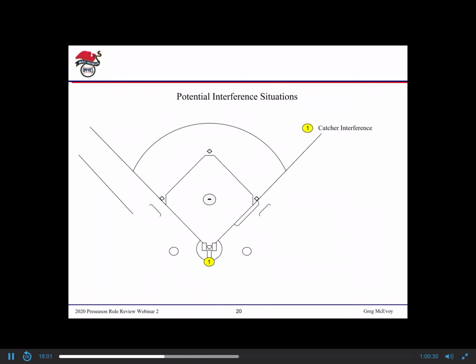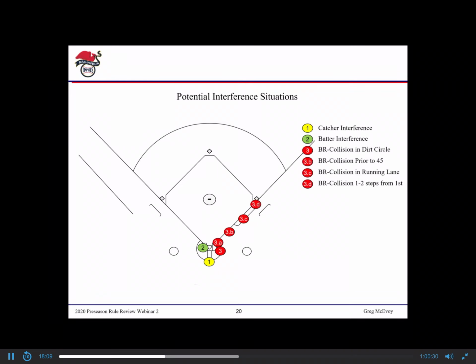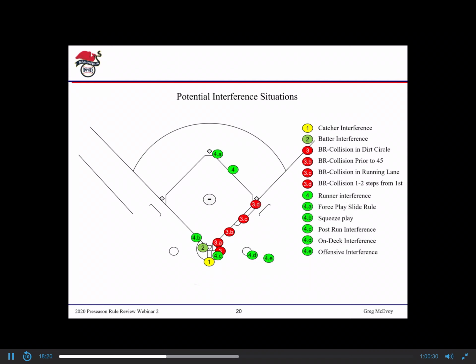So catcher's interference, which is really obstruction, occurs at the plate. Batter interference also occurs at the plate area. The batter runner, those interfering plays that occur from the time in which the batter runner exits the plate area and up to first base. We can have runner interference amongst the bases. Again, umpire interference in either our A, B, or C positions or behind the plate.